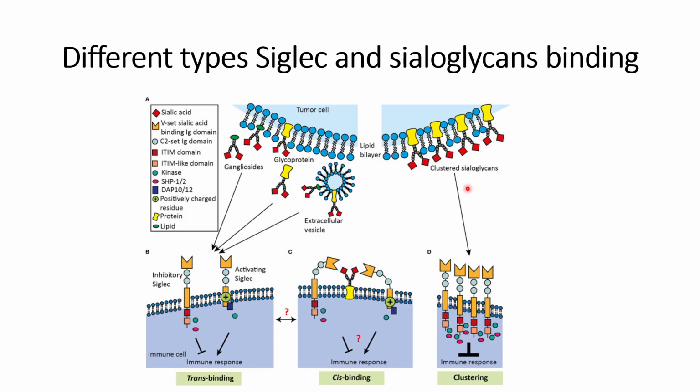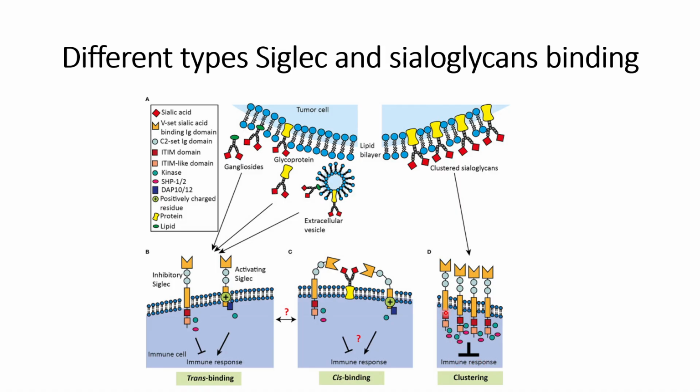This cluster of Sialoglycans then interacts with the immune cells, and we have seen that in immune cells, especially in the tumor microenvironment, there is overexpression of the Siglec. So this makes favorable conditions for clustering, where clustered Sialoglycans interact with clustered Siglec, and it will trigger an immune response.